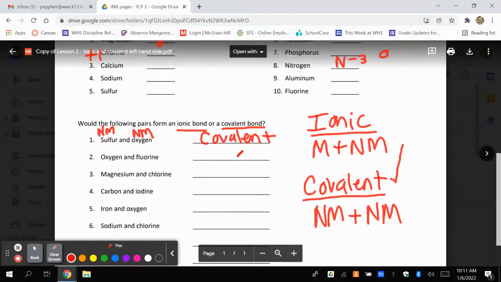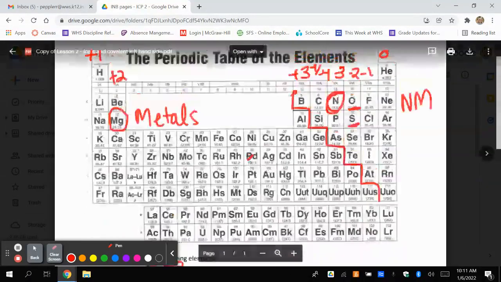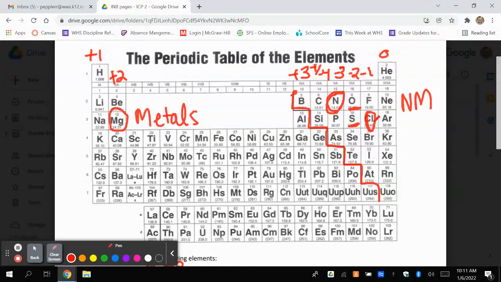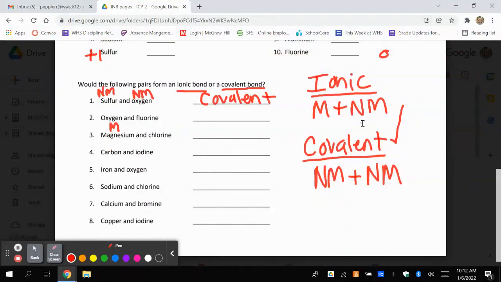So we come down here, magnesium is a metal, M. And chlorine, Cl, is right here on our periodic table, and it's on this side of the stair step, so it is a nonmetal. Anything that is a combination of a metal and a nonmetal is an ionic bond. So number 3 would be an ionic bond.